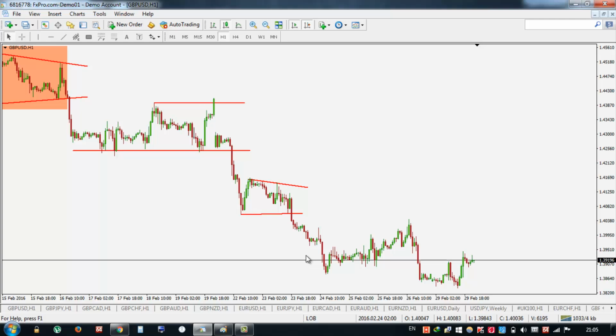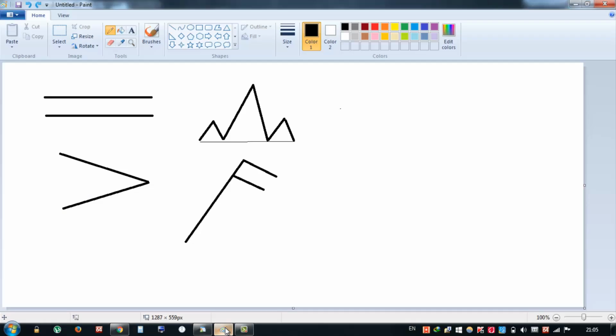Because the confidence and the support within a pattern is derived from other traders seeing exactly the same thing as you. So if I go back to Paint, then out of these patterns, I'll ask you, which of these patterns would you think are more common, or which are the patterns that most people would be able to see? And for me, the answer's the easiest ones, i.e. this one, and a triangle.